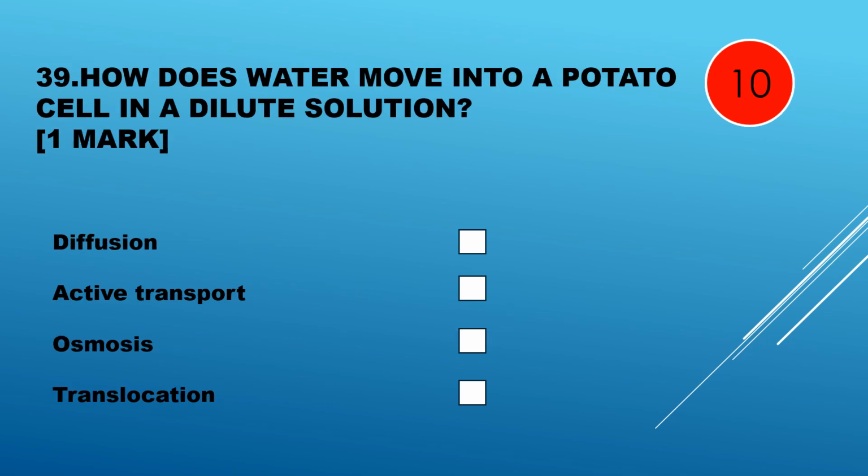Question 39. How does water move into a potato cell in a dilute solution? Is it diffusion, active transport, osmosis, or translocation? Water moves into a potato by osmosis.